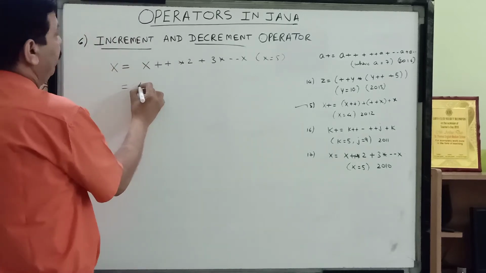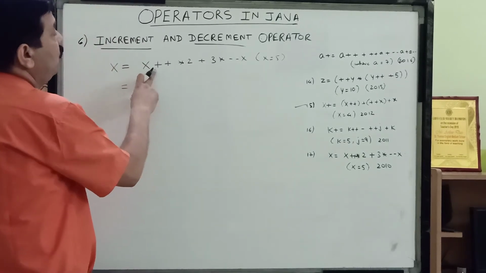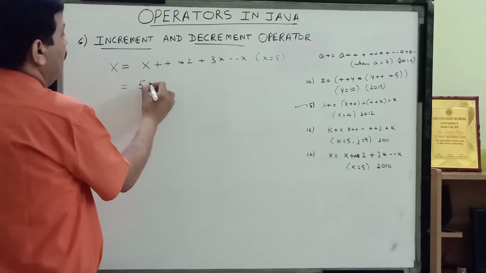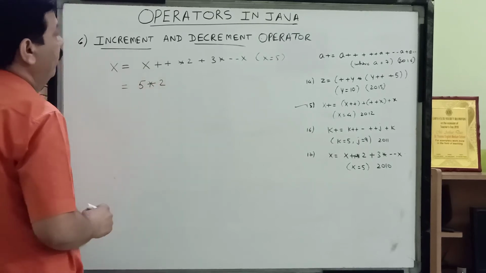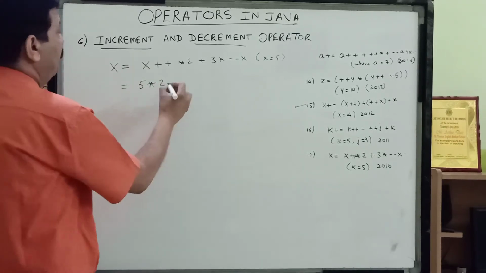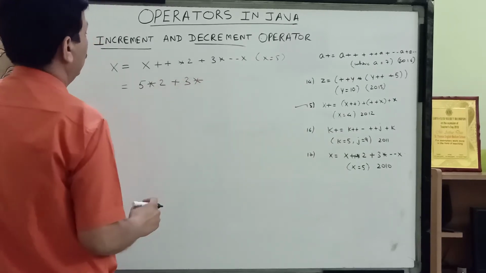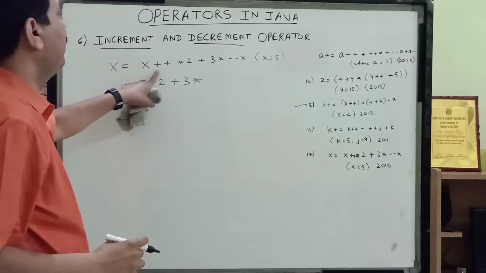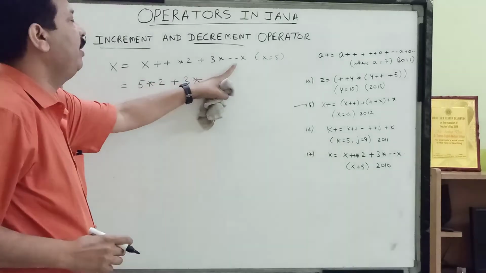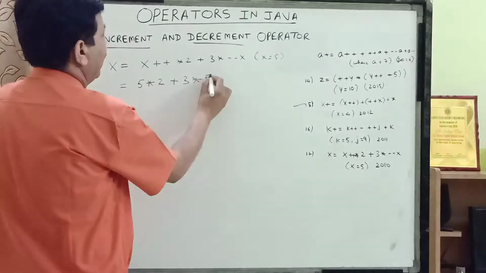So children, x is 5, so 5 will be used here. Now its value becomes 6, and so 5 into 2 plus 3 into, now children, since the value of x becomes 6, but here a pre-decrement is used, again we'll use 5.